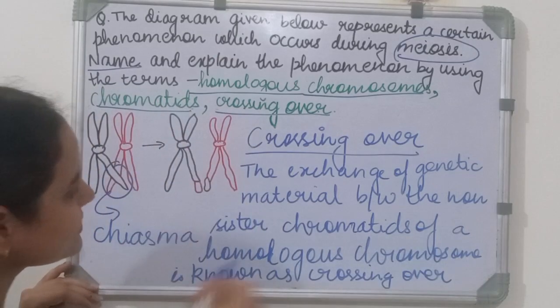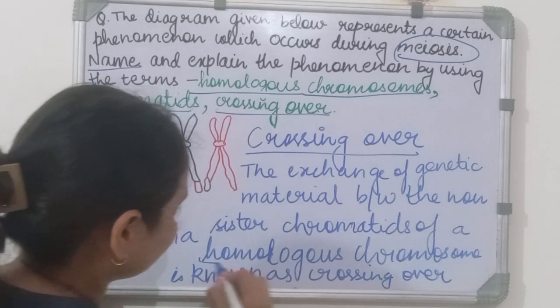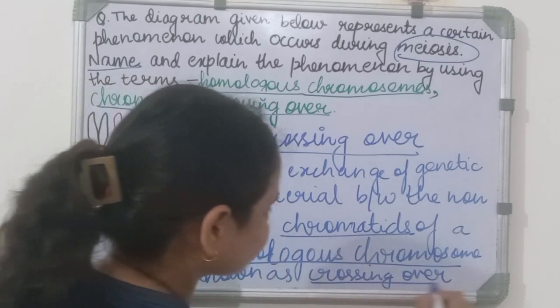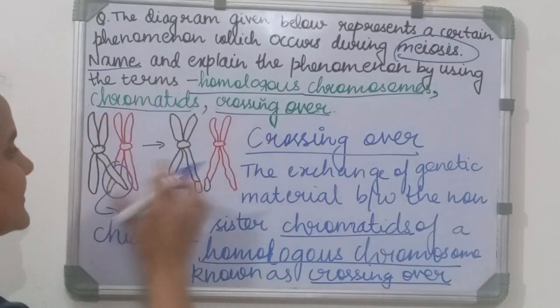Okay, so we have used the terms like homologous chromosomes, chromatids and crossing over. So this explains this whole phenomena.